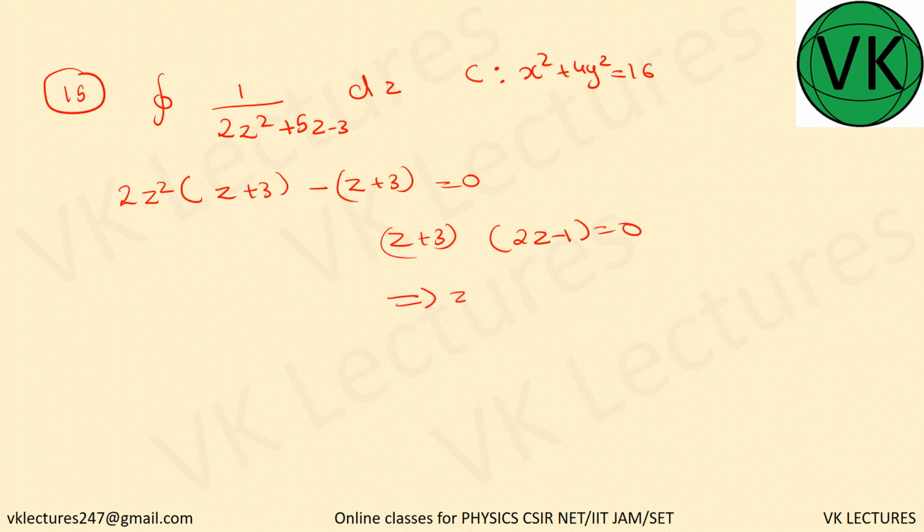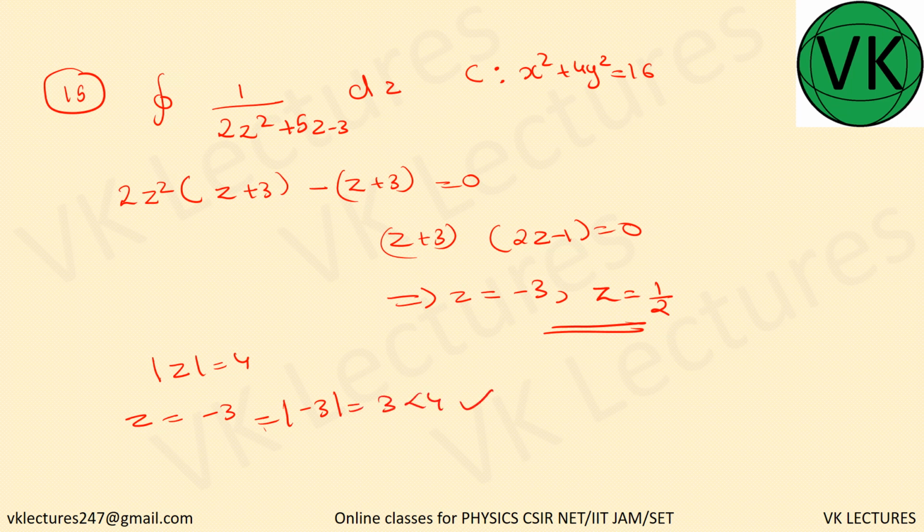So z is equal to minus 3 and z is equal to half. Modulus of z is equal to 4. So z is equal to minus 3, that is modulus of minus 3 is equal to 3 less than 4, inside. z is equal to half is less than 4, so this point is also inside.